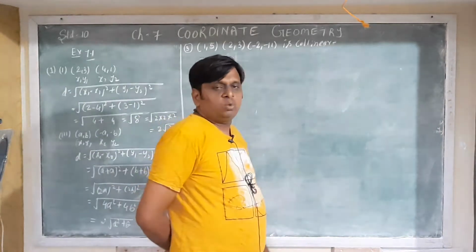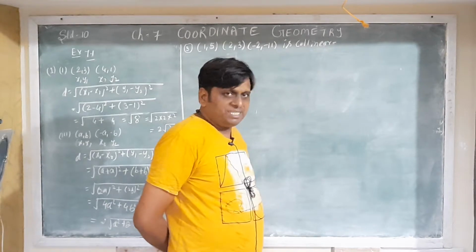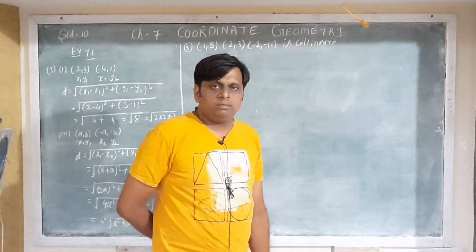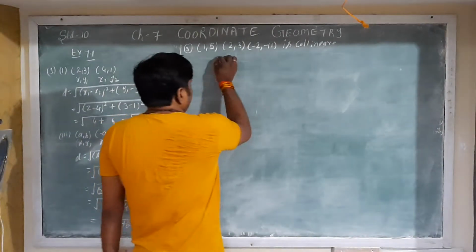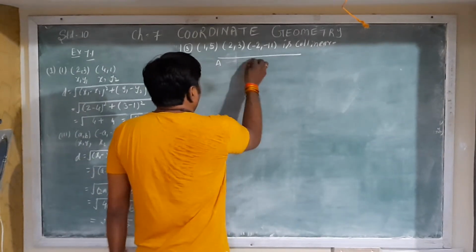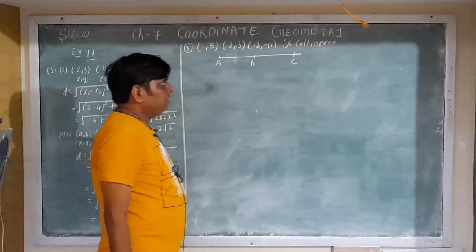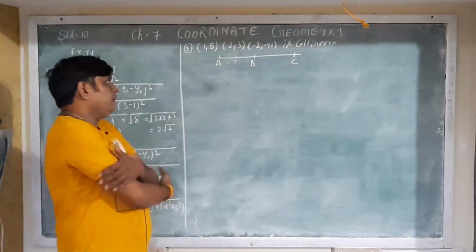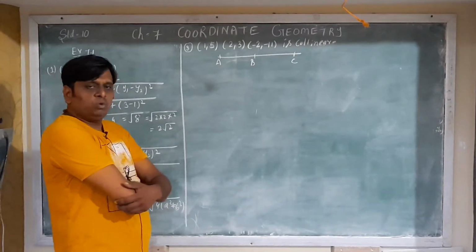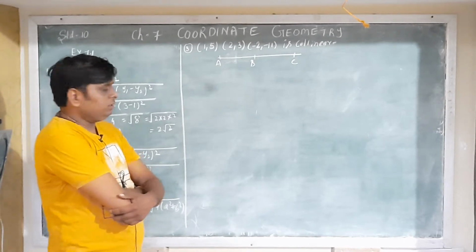Prove that they are collinear or not collinear using the distance formula. What is the meaning of collinear points? If the 3 points align, 3 points A, B and C, if the 3 points align, then they are called collinear points. So if ABC are collinear, then I find out a relation.